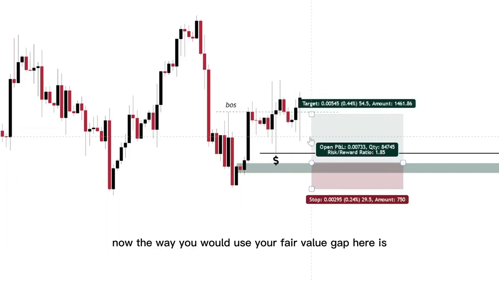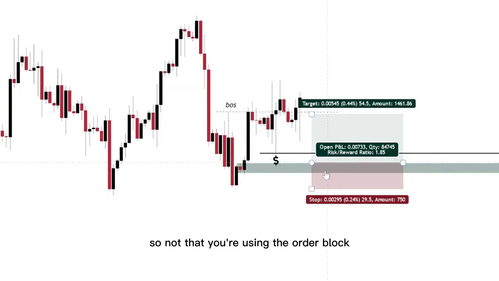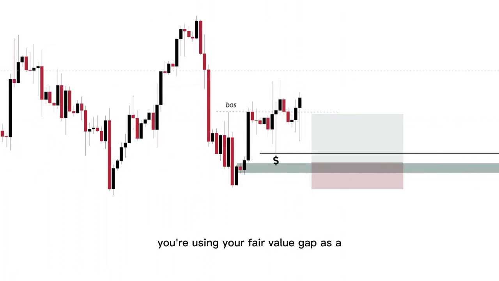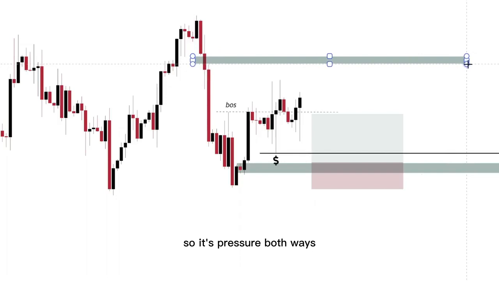Now, the way you would use your fair value gap here is you would look at it for a target, because you know that price is attracted. So not that you're using the order block just to catapult price, you're using your fair value gap as a magnet to pull price. So it's pressure both ways.